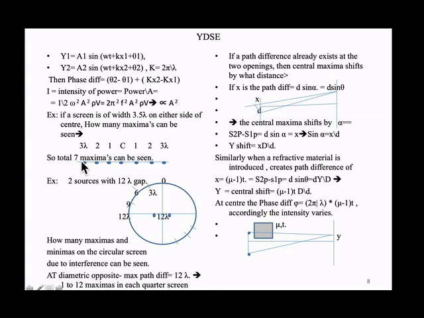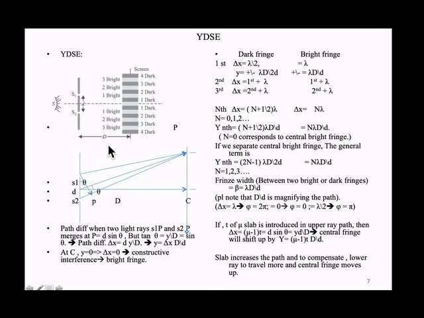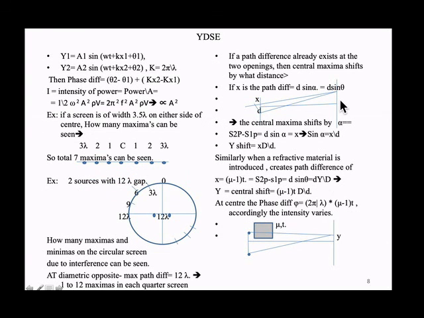So in total we can see 7 maximas on the screen. So if the screen length is given, we can find out how many maximas can be seen. First is lambda, second is 2 lambda, third 3 lambda, like that the bright fringes appear.